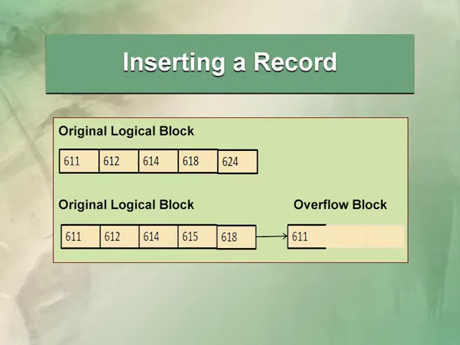As 611 is there, 612 exists, 614 also exists, we have to give space to the 615 record. So, we move 624 to the overflow block, and then we insert 615, then 618 is copied, and then a pointer is given to the overflow block. So, let us see the advantages and disadvantages of ISAM.